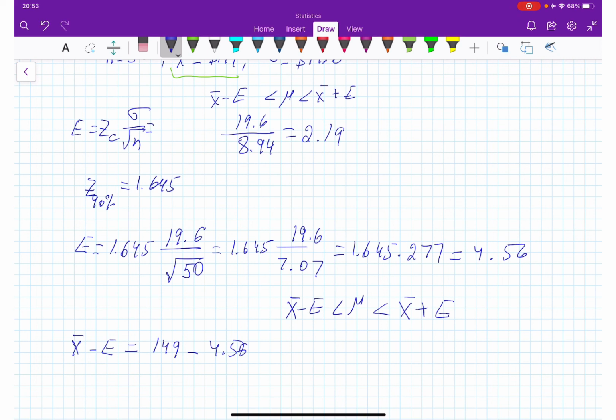Every time I punch the calculator, I get weird numbers, so I'm going to do it myself. 149 minus 4 is 145. 145 minus 0.5 is 144.5. And 144.5 minus 0.06 is going to be 144.44.